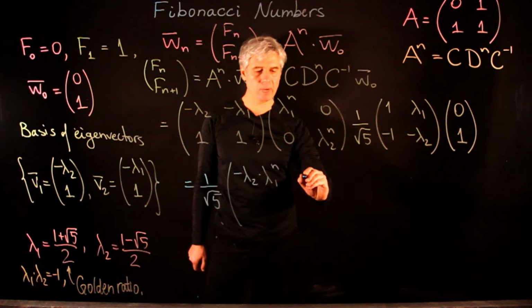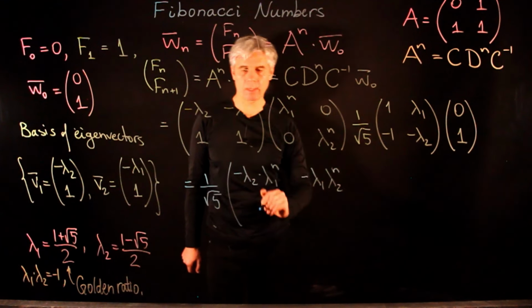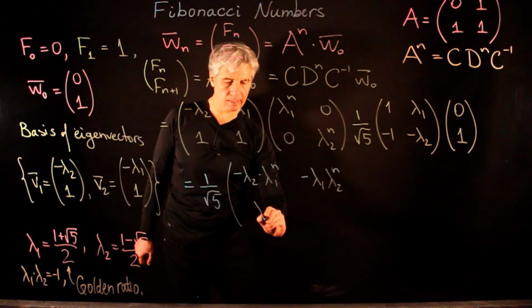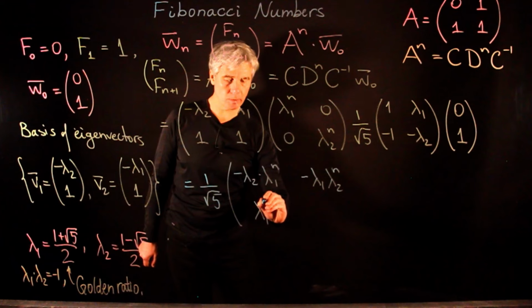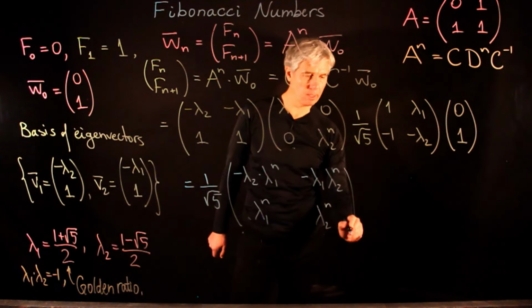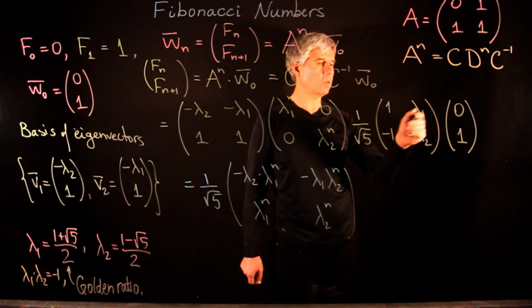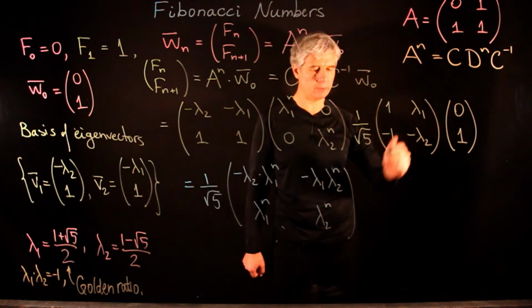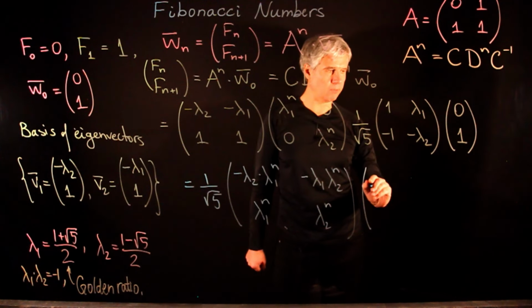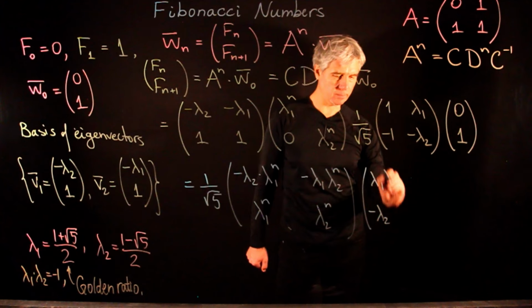Then here we get minus lambda 1 times lambda 2 to the power n. So here we will get lambda 1 to the power n and lambda 2 to the power n. And when we multiply this matrix by 0, 1, we are going to get the second column of this matrix, so times the vector lambda 1 minus lambda 2.